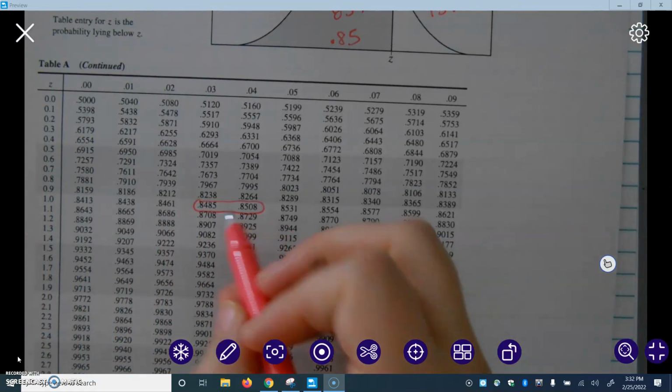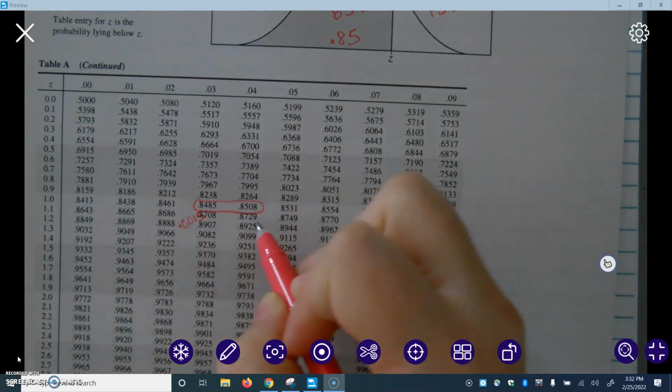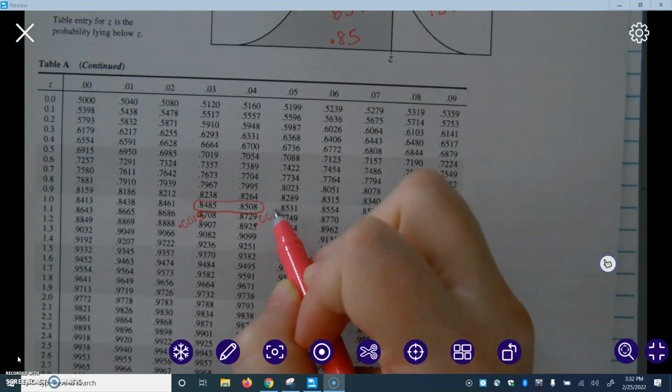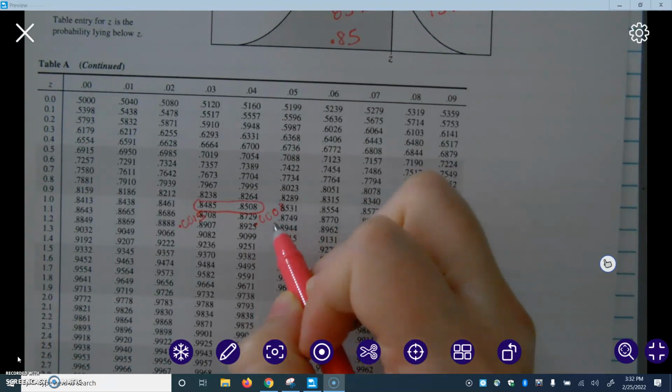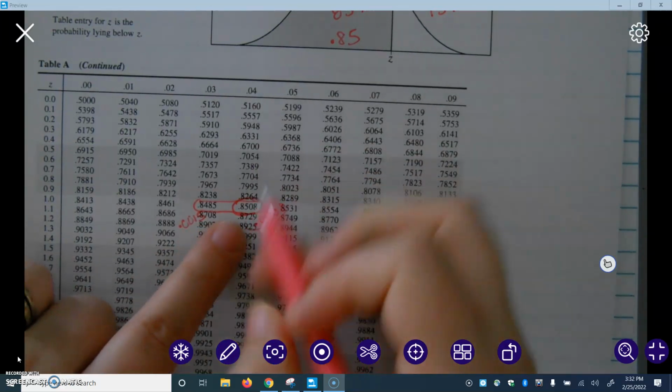All right, so this one is 0.015 away. This one is 0.0008. So this one is closer. So I'm going to use this one.